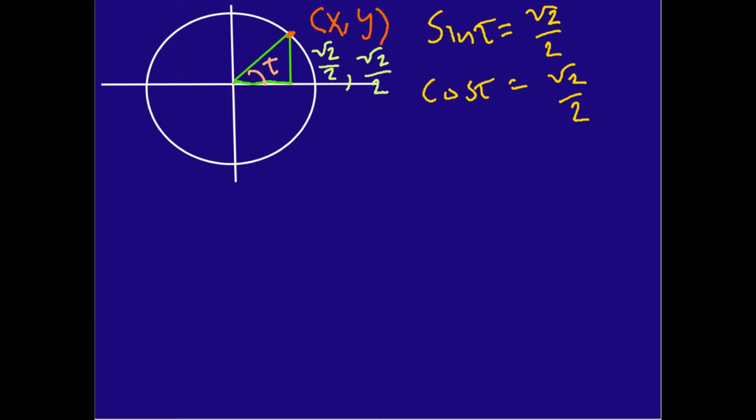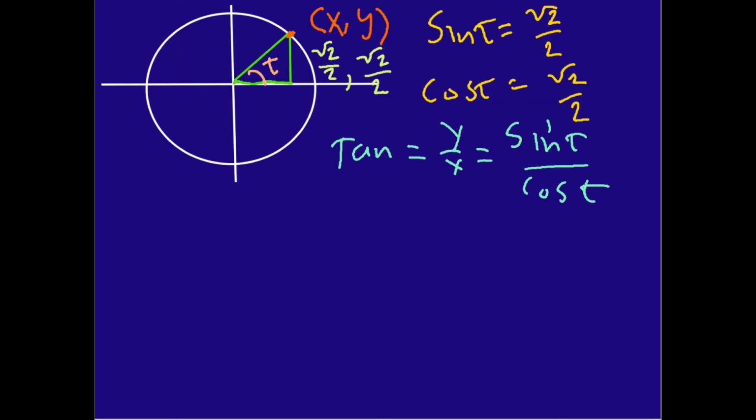Tangent, TAN for short, is basically a ratio of the y value over the x value. Or another way you could say that is sine of t, which deals with the y value, over cosine of t, which deals with the x value.